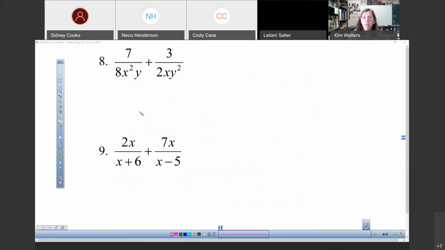Number 8. Common denominator we need again. What is my least common denominator for 8x squared y and 2xy squared? I'm going to need a number, an x term, and a y term.